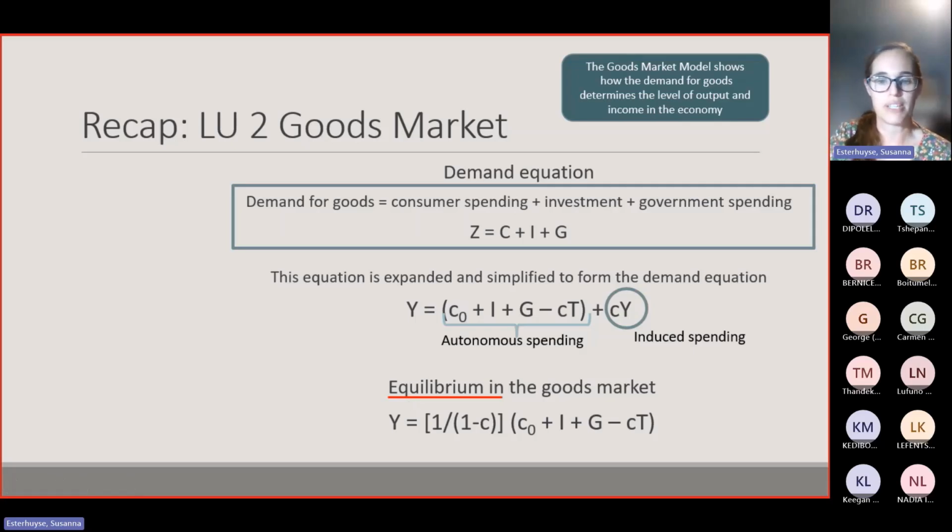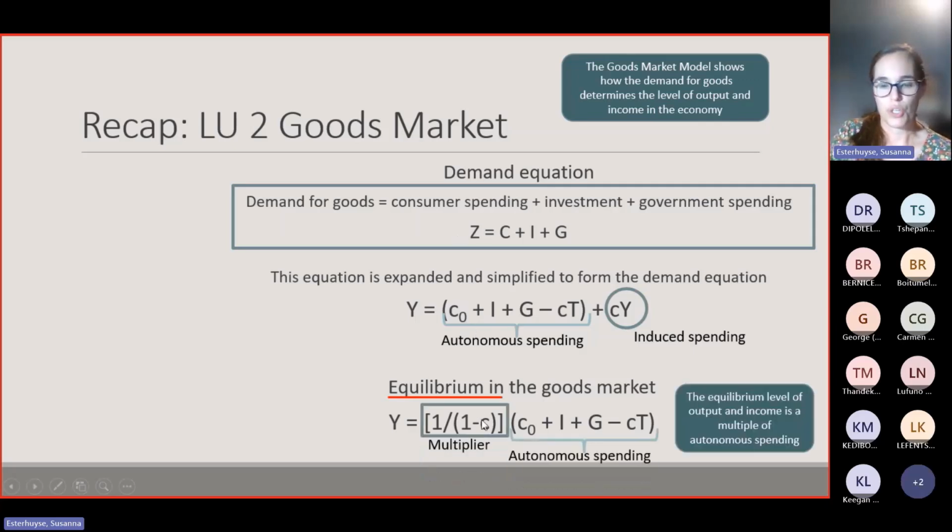That is the space where your demand for goods is equal to your level of output and income. And this is the equation that we used for the equilibrium in the goods market. This equation tells you that the equilibrium level of output and income is a multiple of autonomous spending. And this portion was the multiplier.